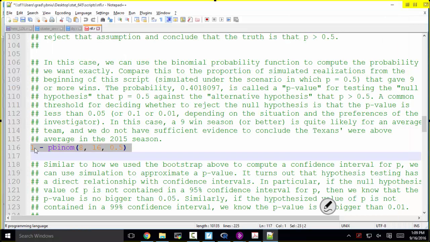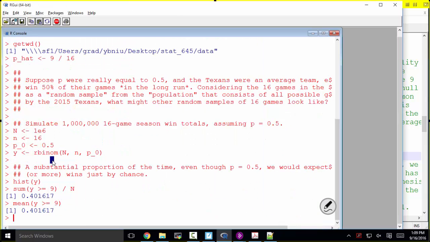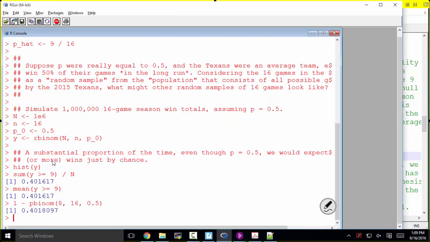That's what this does. 1 minus the probability of 8 or less is the probability of not 8 or less. That would be the probability of 9 or 10 or up to 16. This is going to be the same thing as this 0.4 that we got. The first 2 0.4s there, 0.401617, those are simulation based.